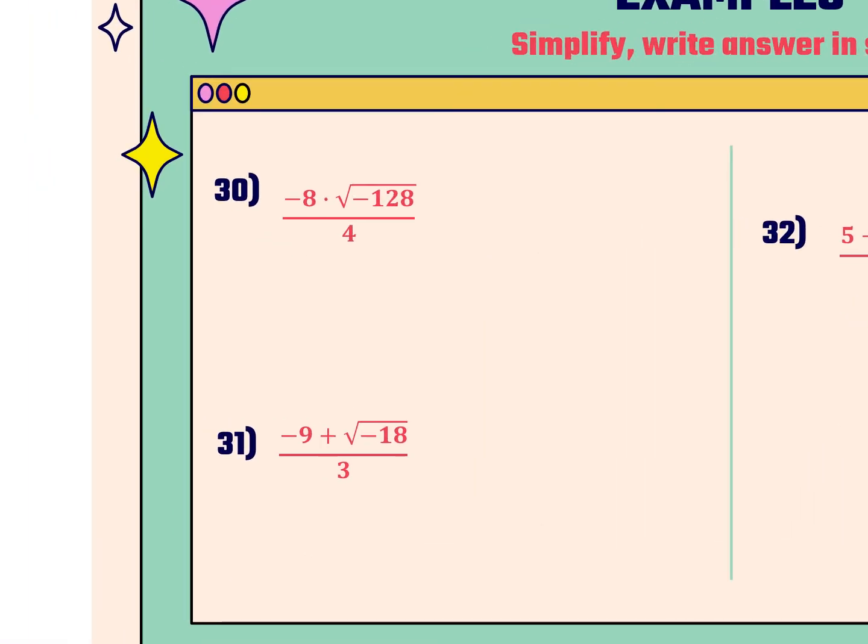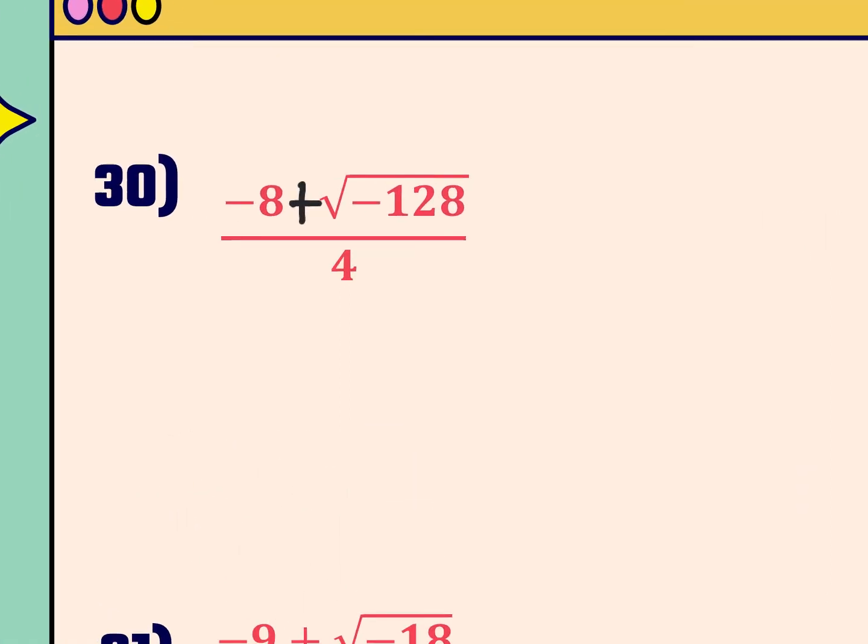Okay, this time I've got, and this should actually be a plus sign. Change this multiplication to a plus. Make an addition sign there on number 30. That's a typo. All right, so I'm going to fix the negative 128. So I can break it apart and do negative 8 plus i. And then I'm going to factor 128 into 64 times 2.